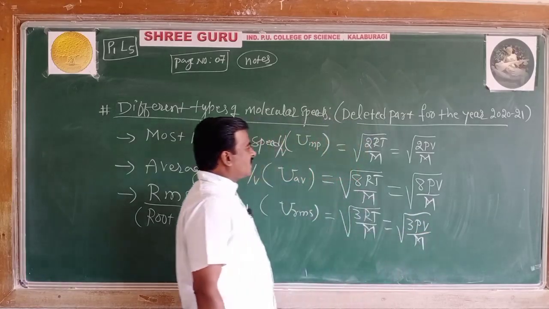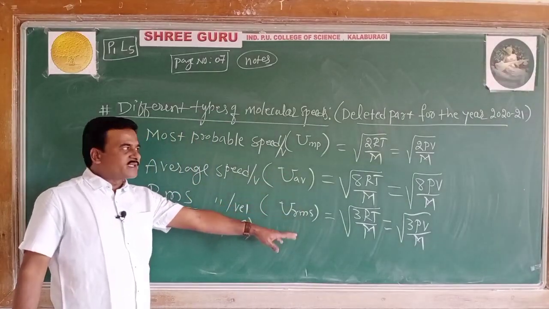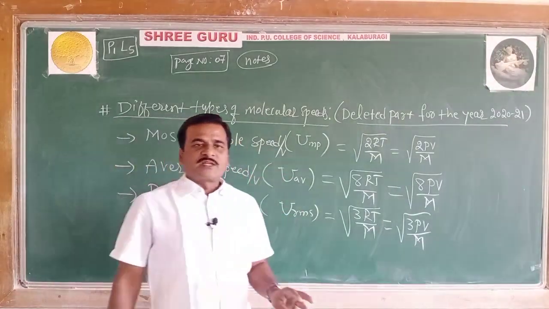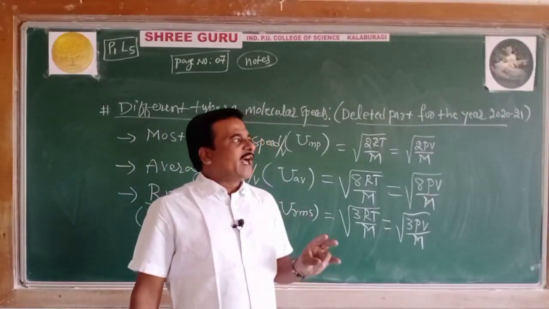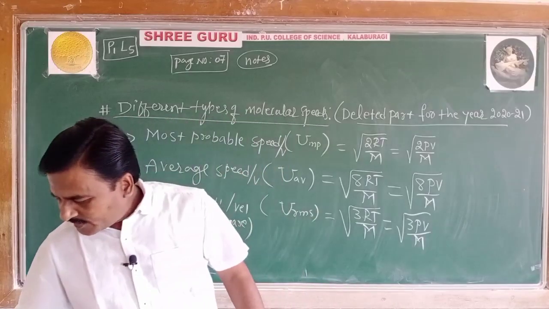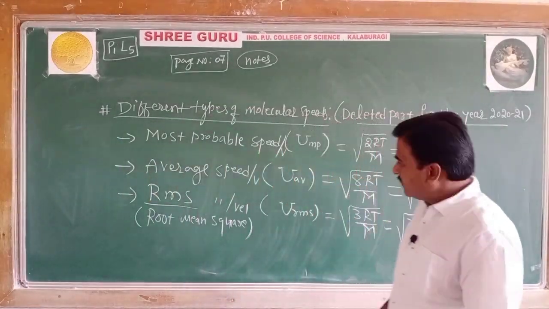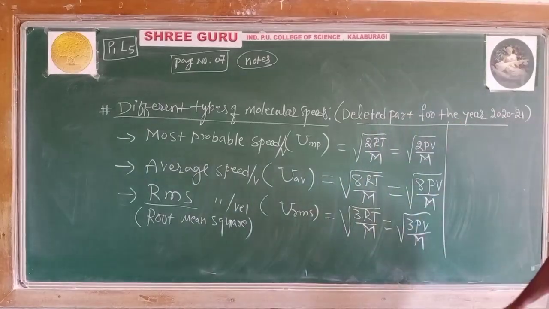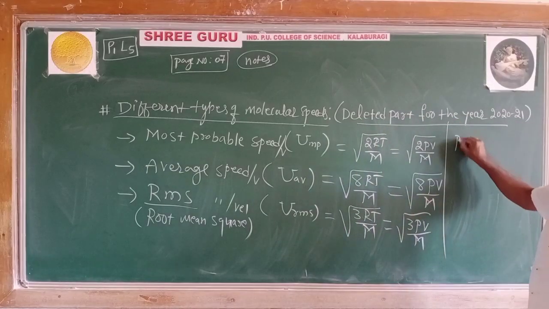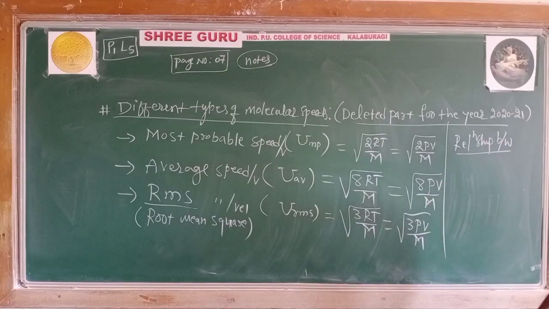So these are the formulas to calculate these different kinds of molecular speeds, namely most probable speed, average speed, and root mean square velocity. Finally, one relation which you have to remember: the relationship between the molecular speeds.